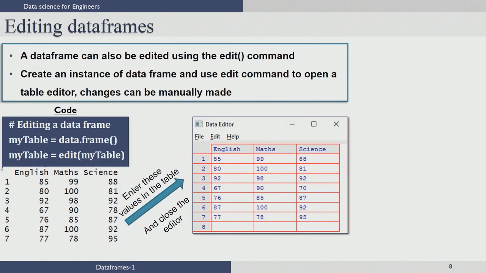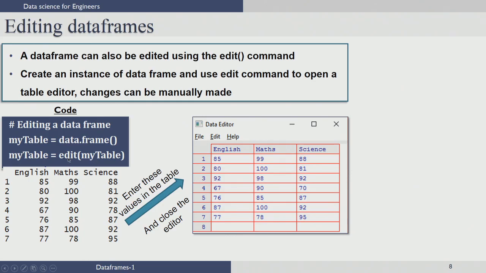Next, we see editing a data frame using the edit command. What you need to do for this is create an instance of a data frame. For example, you can see that I am creating an instance of a data frame and naming it my table by using the command data.frame. This creates an empty data frame, and I can use the edit command to edit the entries in my data frame.